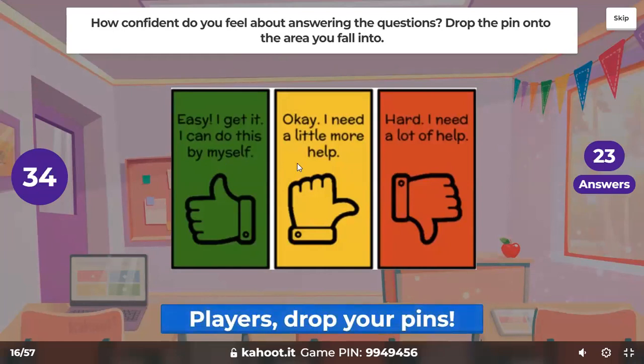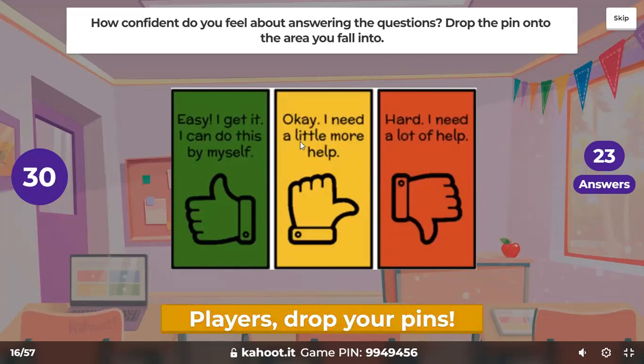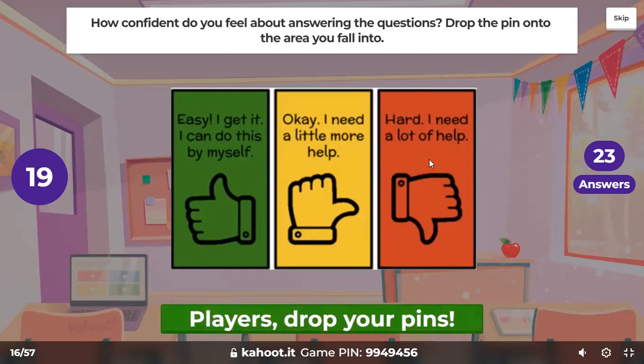If you still have little problems, some questions to ask, maybe a little more practice, you should fit in the middle. And if you really didn't understand anything and you answered all the questions incorrectly, you may fit here.